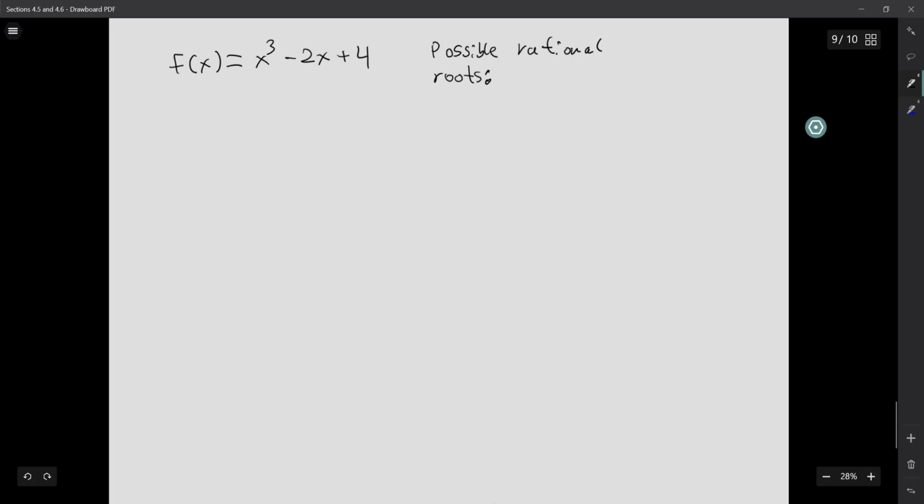I take the factors of the last number divided by factors of the first number, and I have plus or minus versions. So I can have plus or minus 1, 2, or 4. We're going to save some time and just say, hey, it's going to be minus 2.